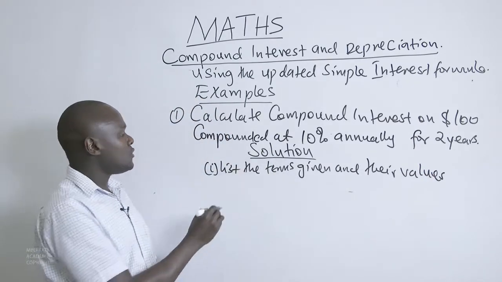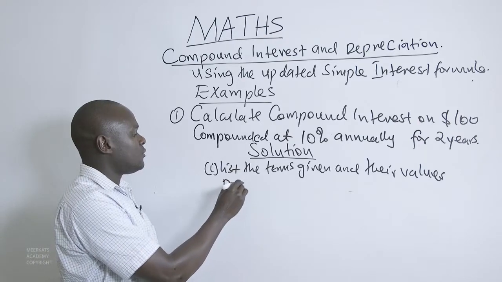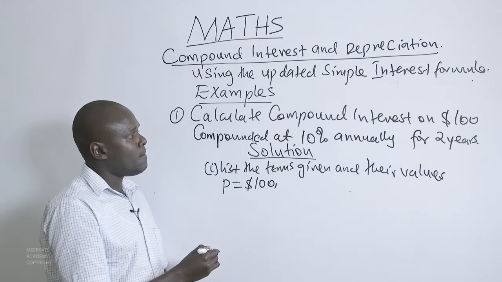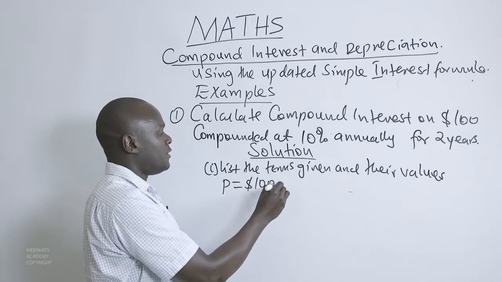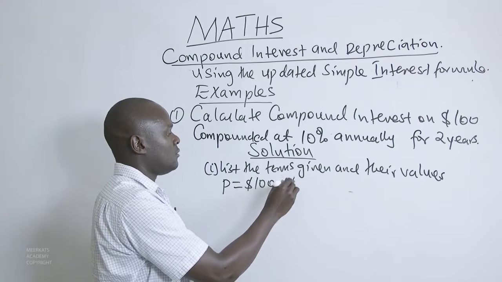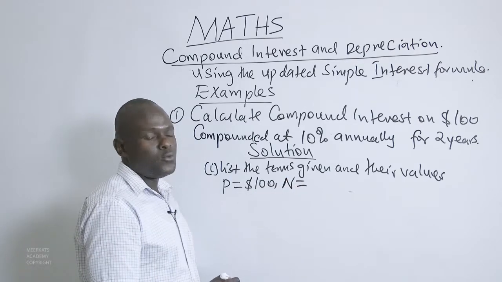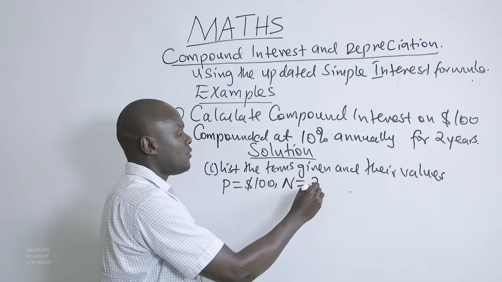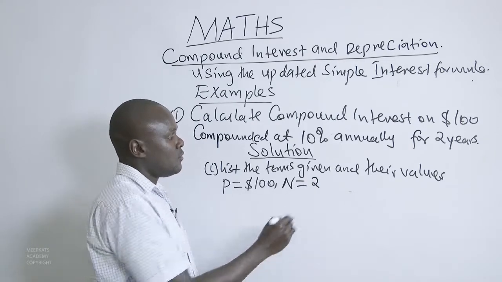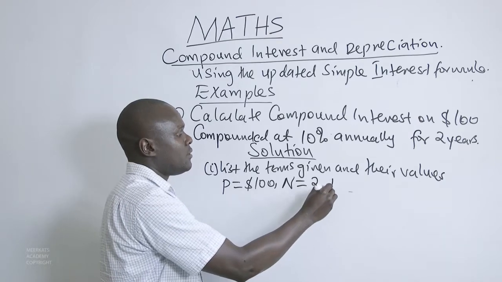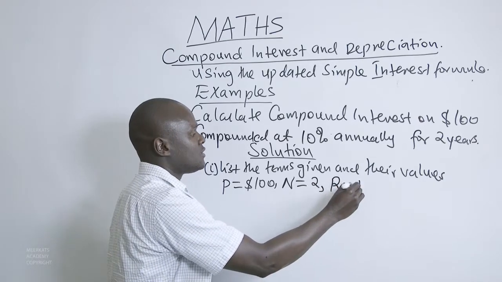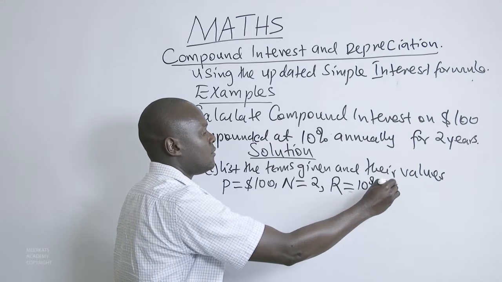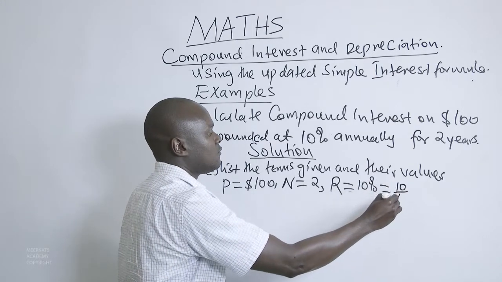When you look at the question, we are provided with the principal, which is $100. We are also provided with N, which denotes the number of periods, those are 2 years. We are also provided with the rate, which is 10%, and this is the same as 10 out of 100.